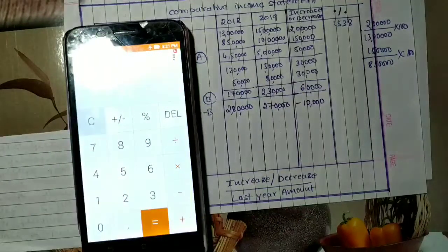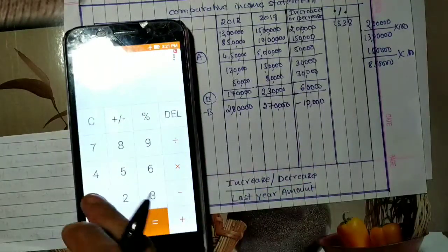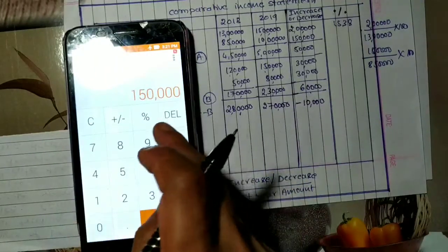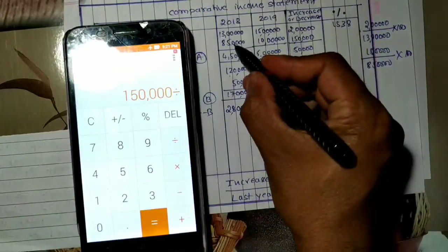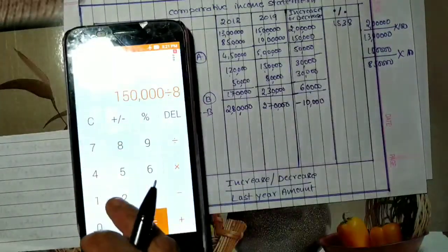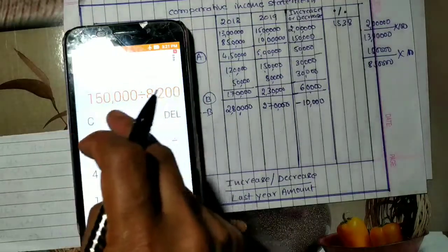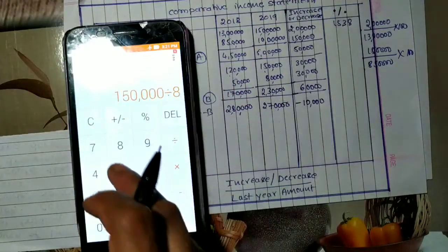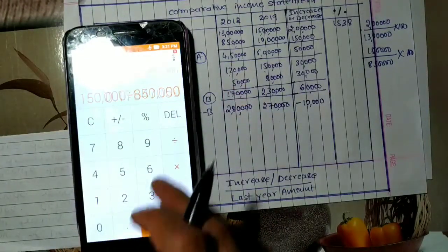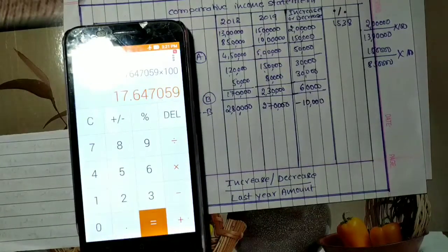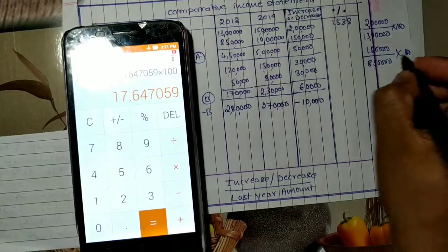How to do it? Difference is 1,50,000 divided by 8,50,000 into 100 is 17.64.